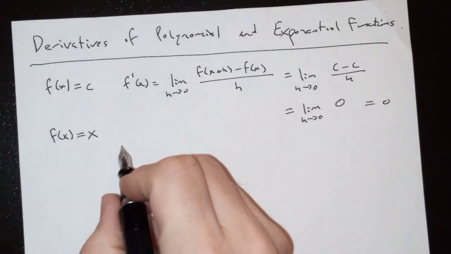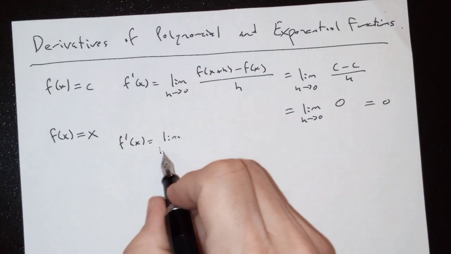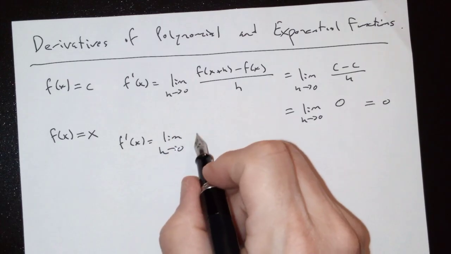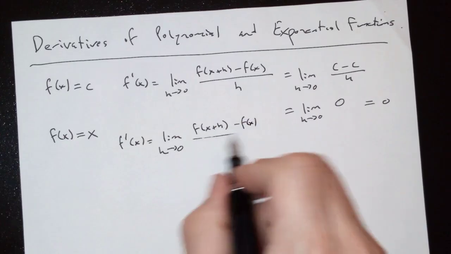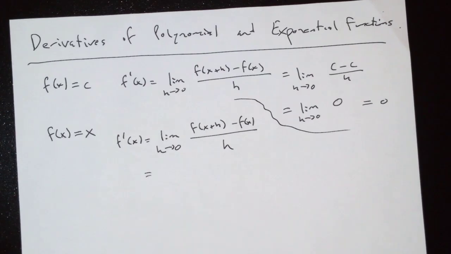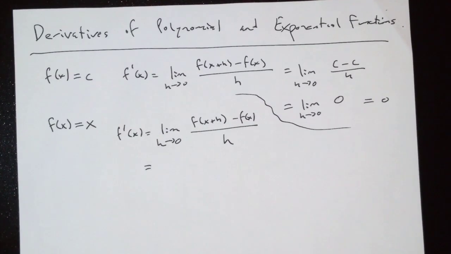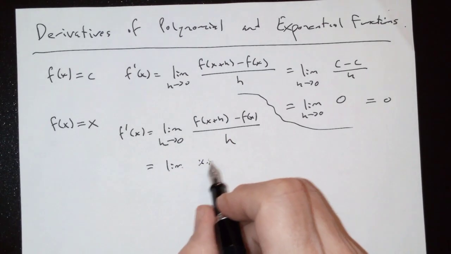But let's actually go through the construction of our derivative. This function spits out whatever you put into it. So if I put in x plus h, I'm going to get out x plus h.